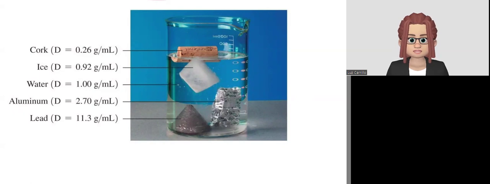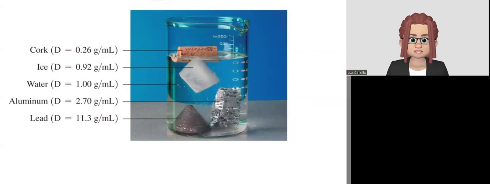That's because of the density of each of the substances. The cork and ice is less dense than water, so that's why we see them floating. On the other hand, because aluminum and lead are more dense than water, we can see the values here, we see them sinking in the beaker.